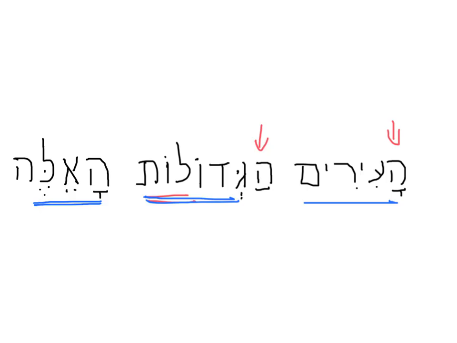So those ones, and in this case it has to be definite as well to agree with both the noun and the adjective. So here we have the cities, the great ones, these ones. So we have these great cities.